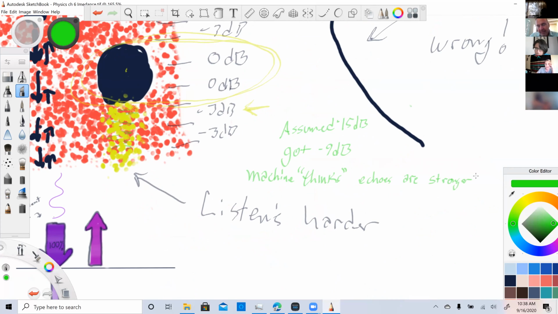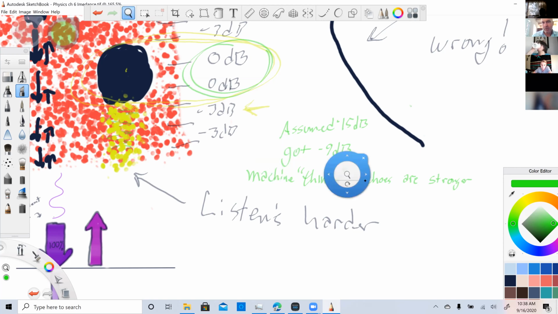No. So I gotta be so careful. The machine actually doesn't think echoes are stronger. Echoes are stronger because they missed this attenuation. So they are stronger than expected. Machine thinks, that's not what I wanted.